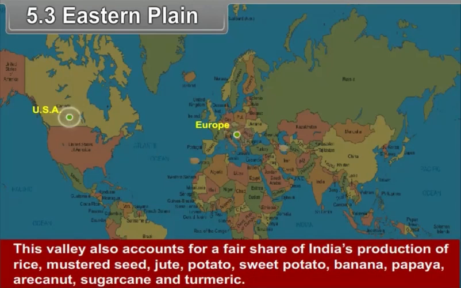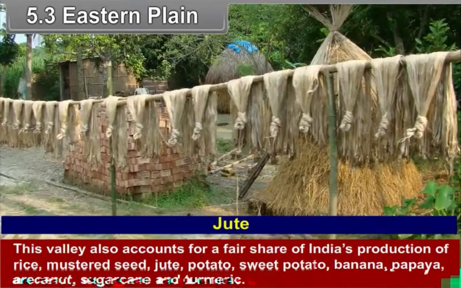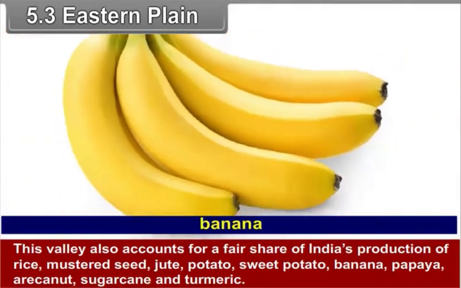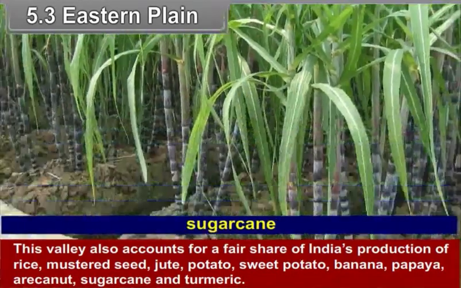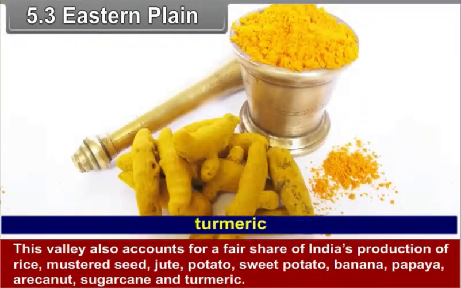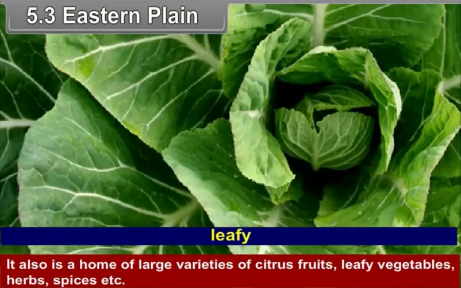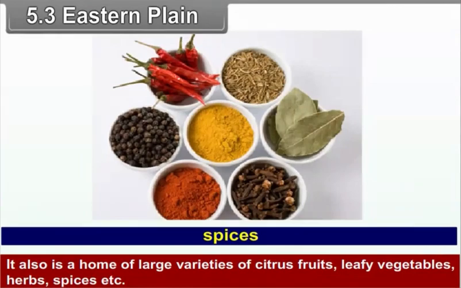This valley also accounts for a fair share of Indian production of rice, mustard seed, jute, potato, sweet potato, banana, papaya, arecanut, sugar cane, and turmeric. It also is a home of a large variety of citrus fruits, leafy vegetables, herbs, spices, etc.